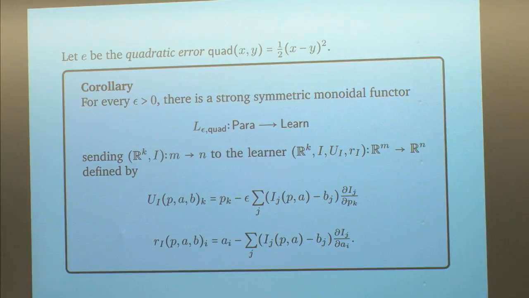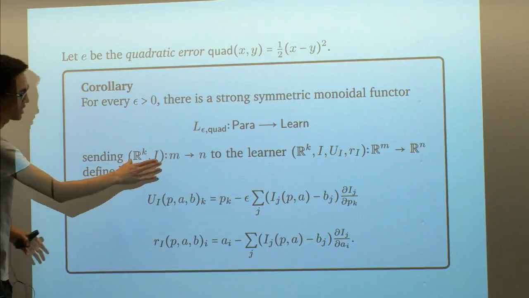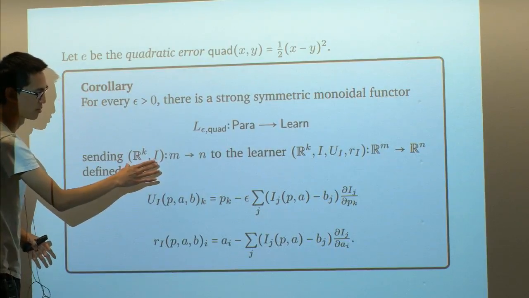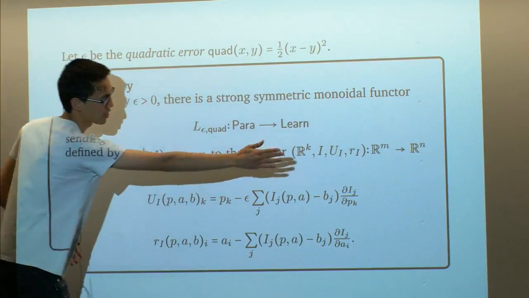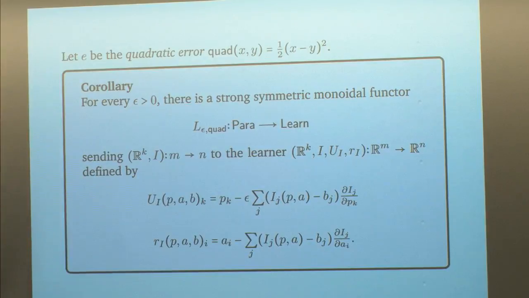So again, since we know our parameterized function is differentiable, we can construct this update and request function using derivatives, using gradient descent. OK, but what does this theorem mean? The key idea is this.